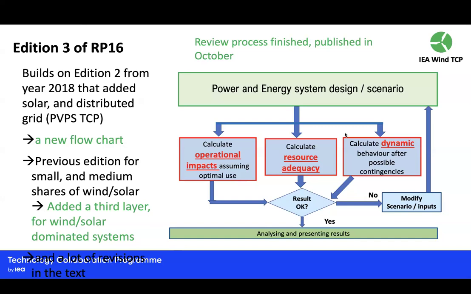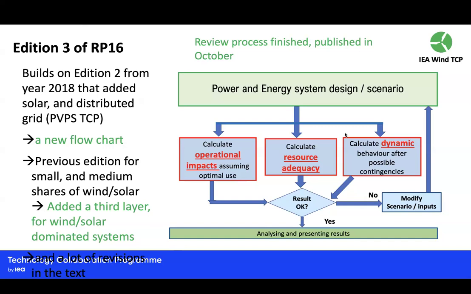And this is the flow chart. For the previous editions, it was actually more complicated, so this is a simpler way that we try to present this. First you have your scenario, a power or energy system design. Then you go through three checks with simulations: on the operational impacts, on the resource adequacy, and on the dynamics.